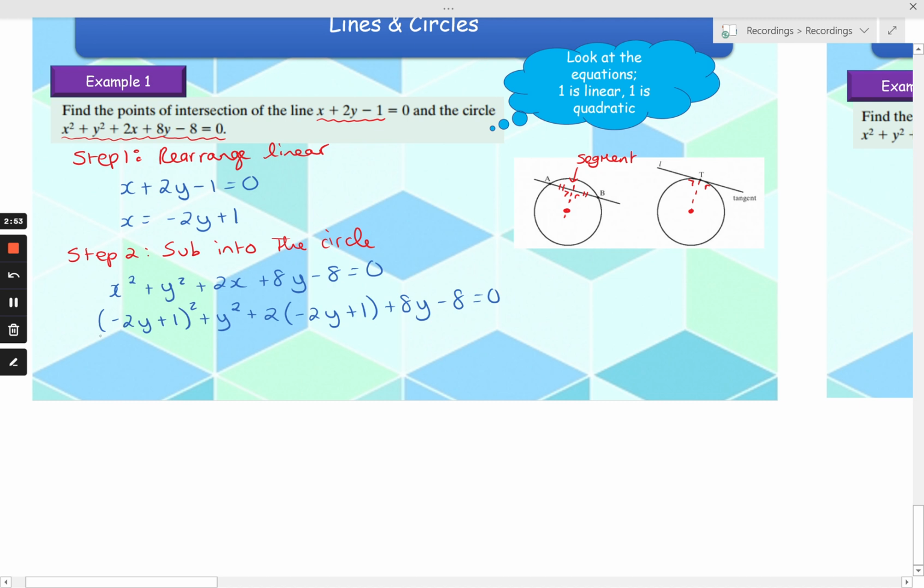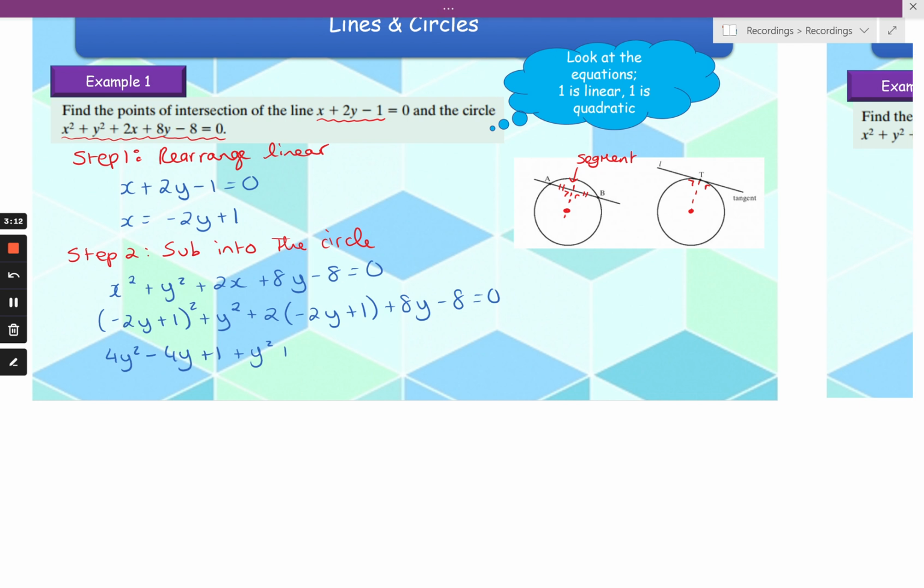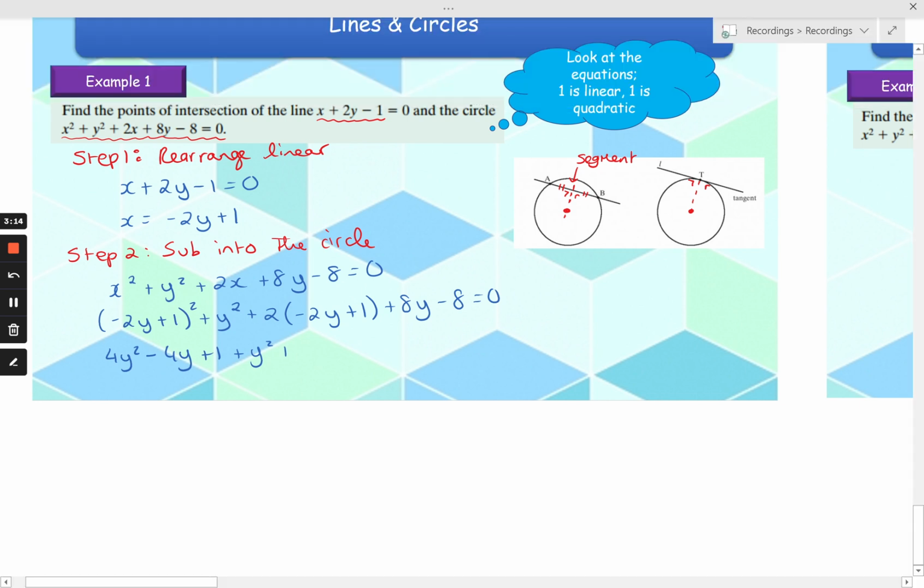And from here, guys, we either multiply out our brackets or we use the perfect square formula. If we use the perfect square formula, what we see here is we get 4y squared minus 4y plus 1 plus y squared. Here we're going to have 2 by minus 2y gives me minus 4y.